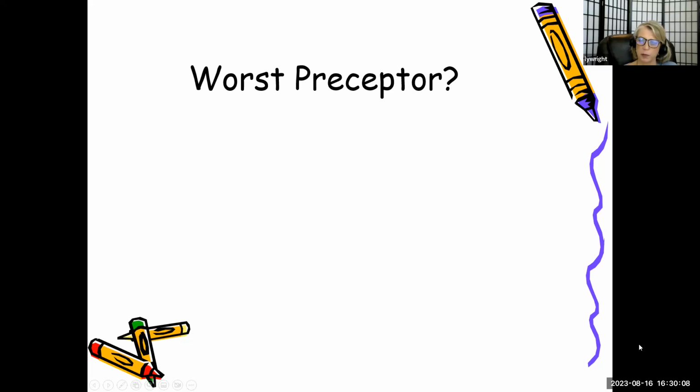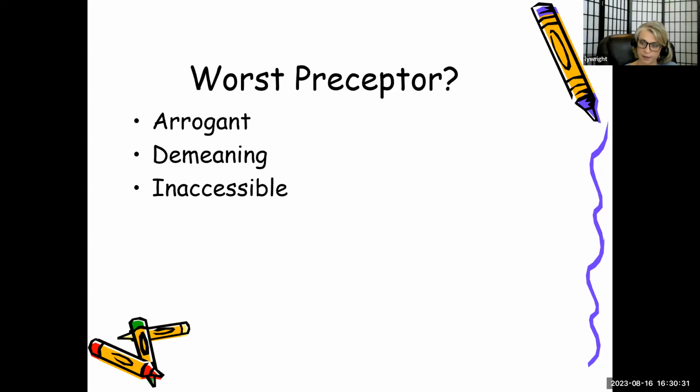Do you want me to start calling on people? All right. So Sam says easily agitated. Frank says self-centered. Those are good. Arrogant. Authoritative. Yeah, too authoritative. Not demeaning. Keep going.